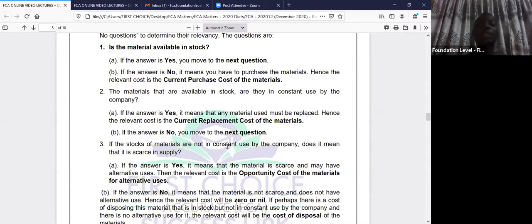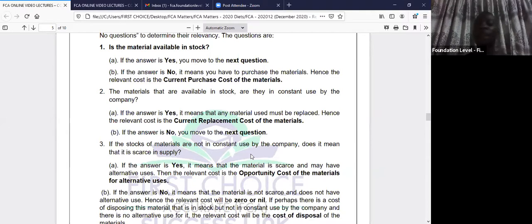Now, if you answered no to that question, that means you are saying that this material that is available in store is not in constant use. That means you go to the next question. The last question there is, if the stock of materials is not in constant use by the company, does it mean that it is scarce in supply?